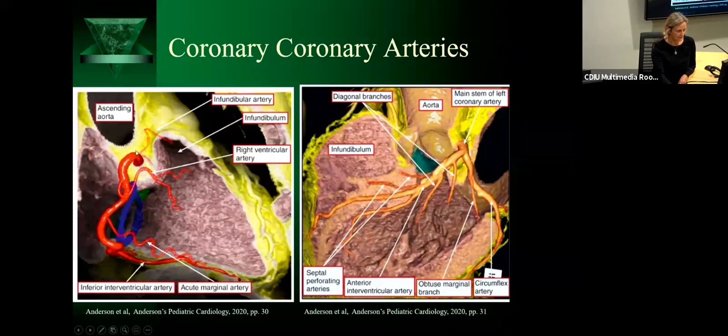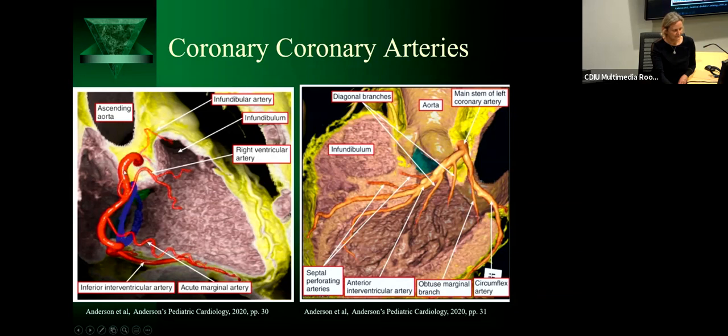So here's the right coronary artery. It's got a little right ventricular artery here, and an acute marginal artery, and then the inferior interventricular artery. On the left side here, we see the left main stem. So if there's blockages here, then our whole left ventricle is going to suffer. And this is important for when we're doing 15 leads in semester 2, because we need to think about where the blockage is.